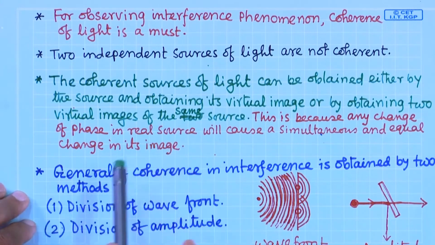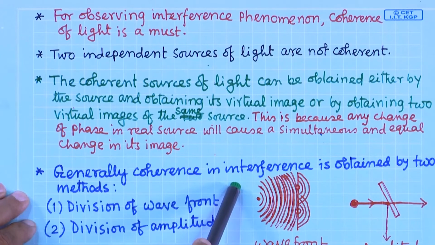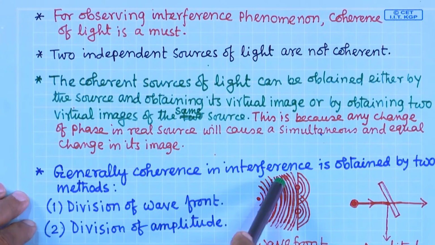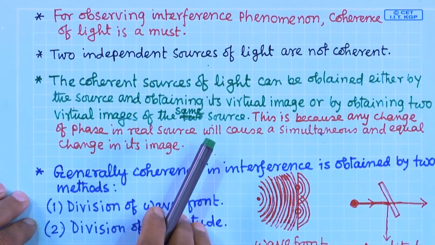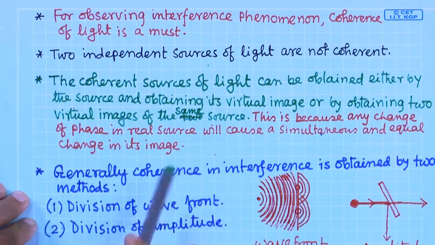Okay. So, generally coherence in interference is obtained by two methods, okay, from the same source. We can get two or more coherent sources by two methods. So, one is division of wavefront and another is division of amplitude.